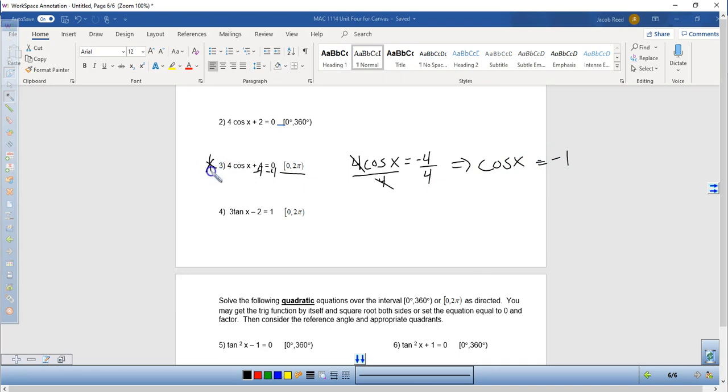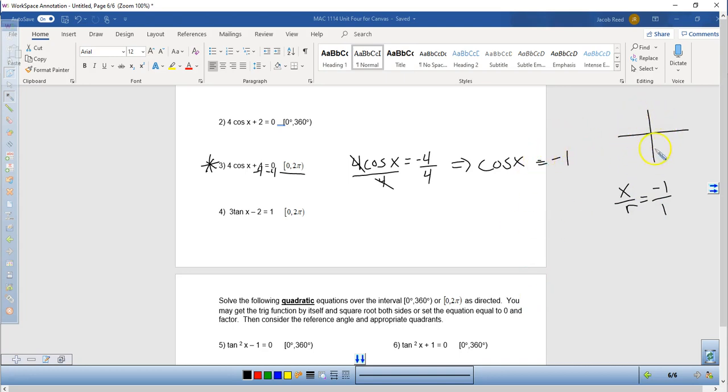I would put a star by this one. This one's special. This one's not our normal 30, 60, 45. This was one of our quadrantal angles. So in this case, I need to remember that cosine is x over r. R is always 1. That means that x has to be a value of negative 1 for it to come out to be negative.